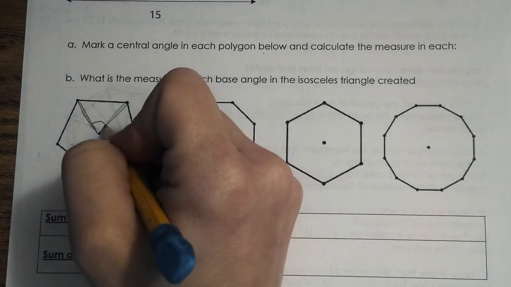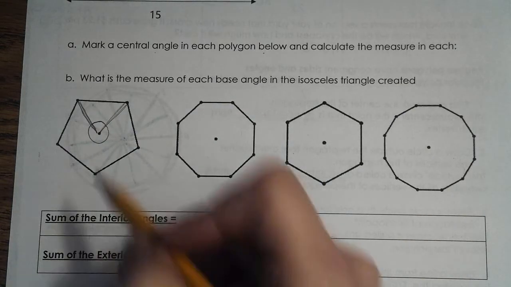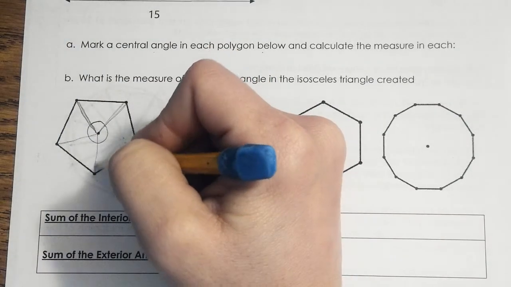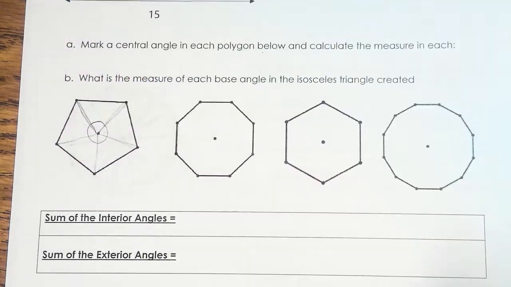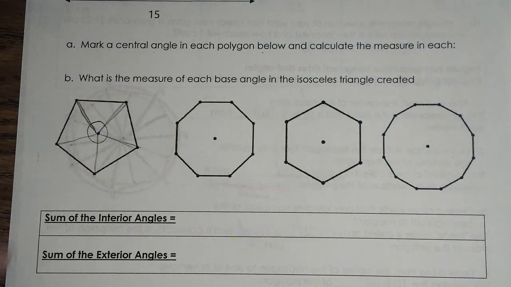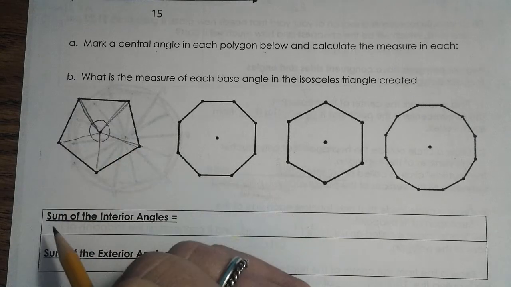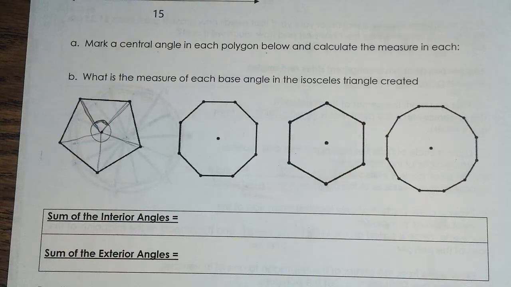Now, if we were to start here and go all the way around, that's a circle. That's 360 degrees. And these are the radii of this pentagon. Pentagon has 5 sides. The 5 radii of a 5-sided figure break it up into 5 triangles. We want to know what this angle is of just one of those.